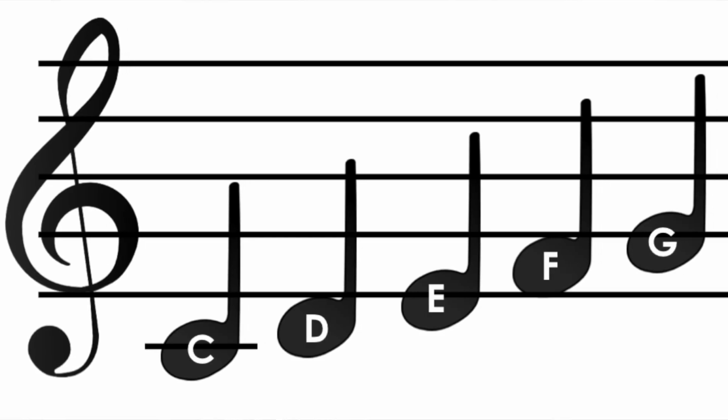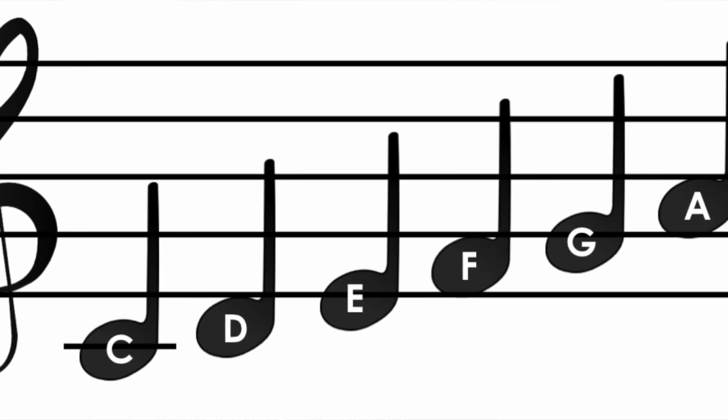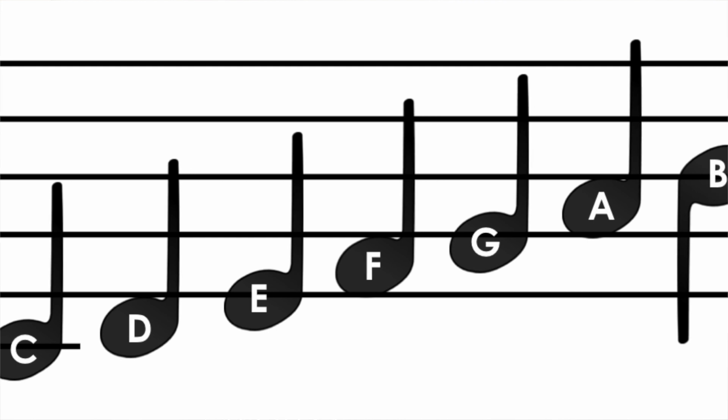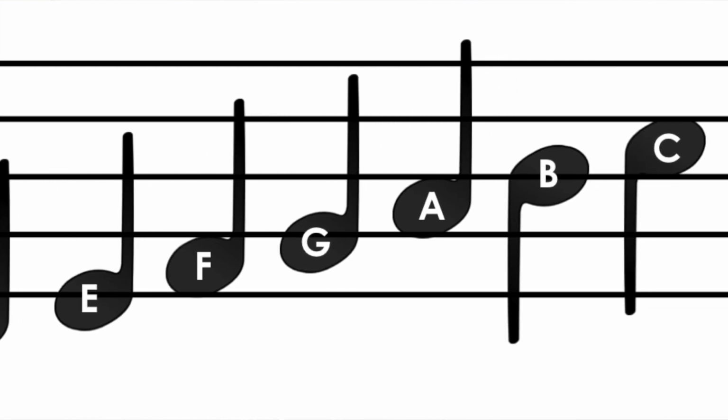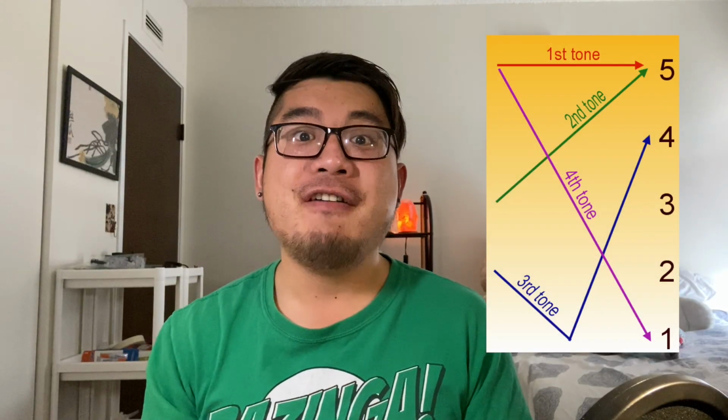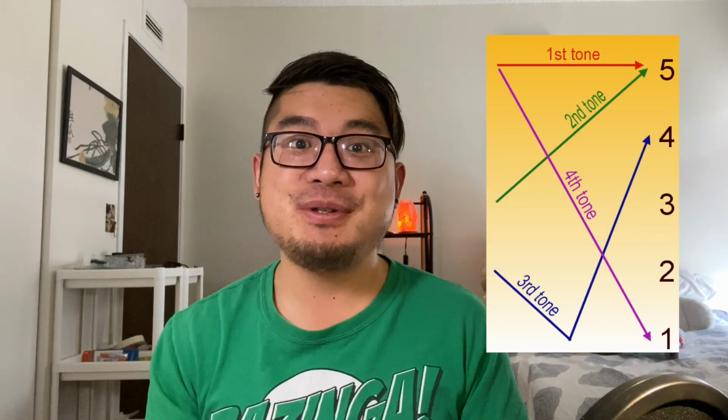So the first tone is a flat high tone. What does that mean? It just means imagine that you have a 5-line music scale, with the lowest line being the lowest pitch, and the highest line being the highest pitch. So the first tone should be 5-5, the top to top. So let's try.